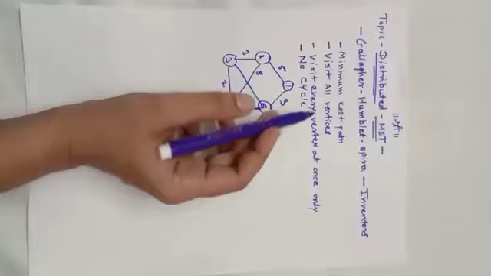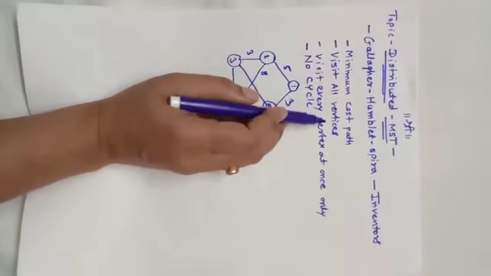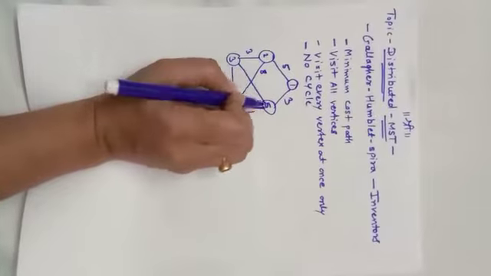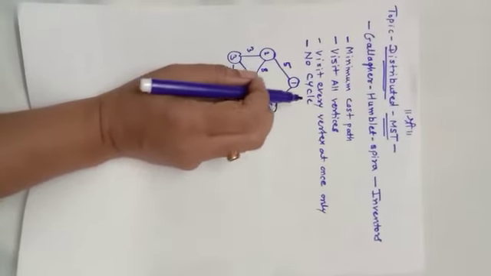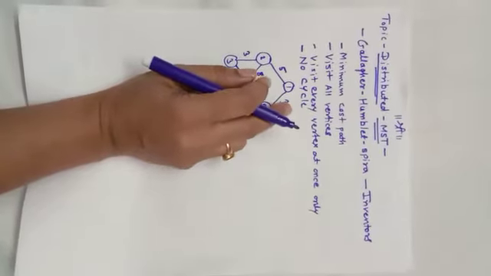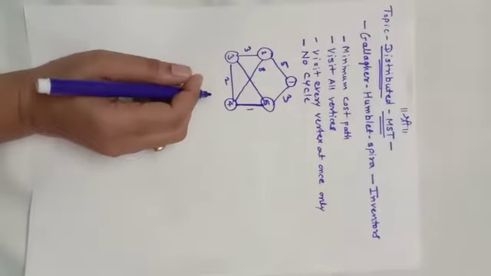Then it should also visit all the vertices. Every vertex should be visited, and at the end it should visit every vertex only once. So these are the properties of an MST.